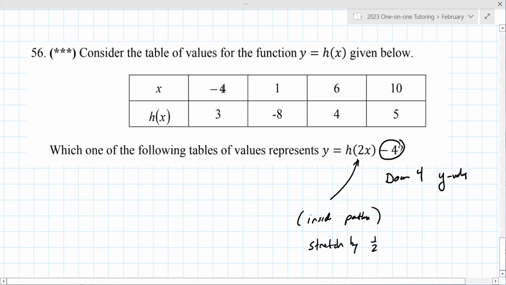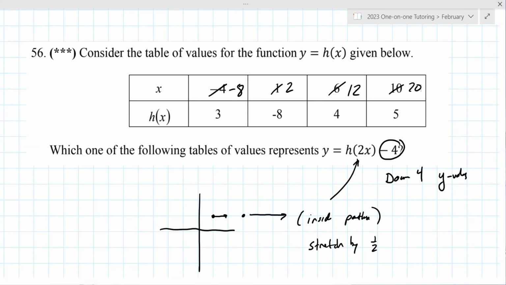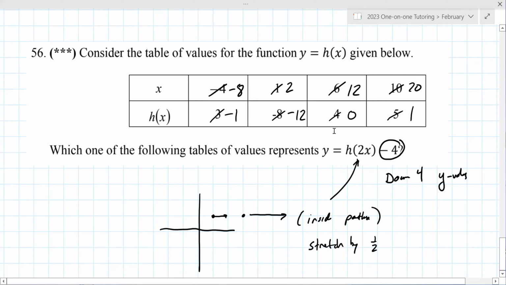I'm not doing a good job of explaining this. This point here has got to go that way, and this point is going to go even further that way. It affects the x value. So that becomes -8, that becomes 2, that becomes 12, that becomes 20. That's the key one they're trying to get you to hone in on. And then the y values all go down by 4: -1, -12, 0, and 1. So it's really the ones on the inside that are the most problematic to think about.